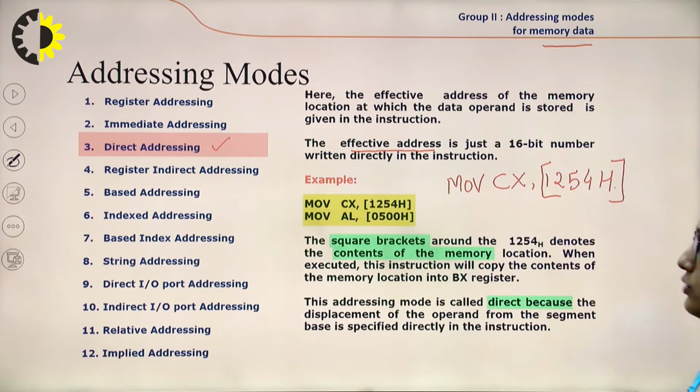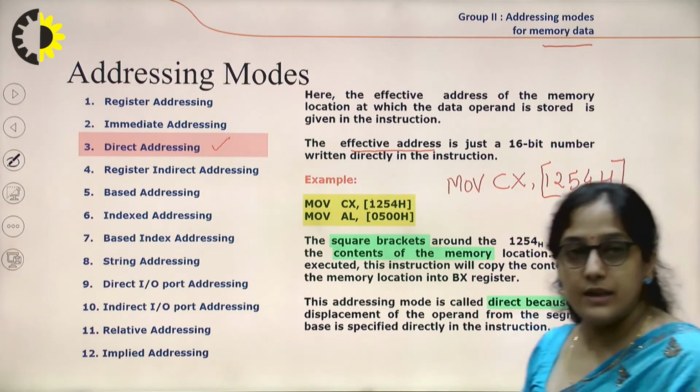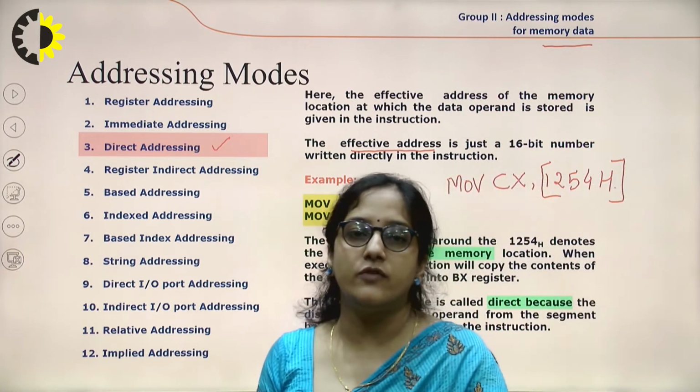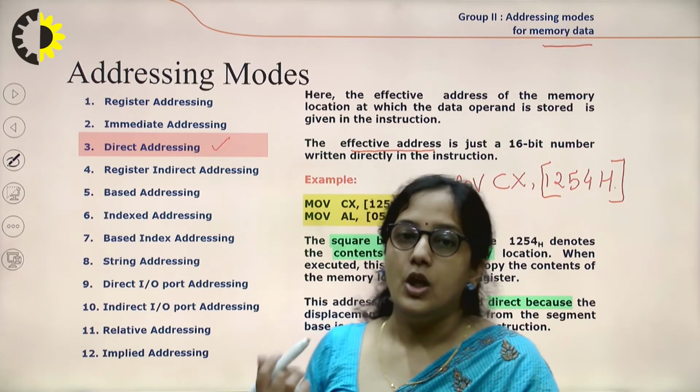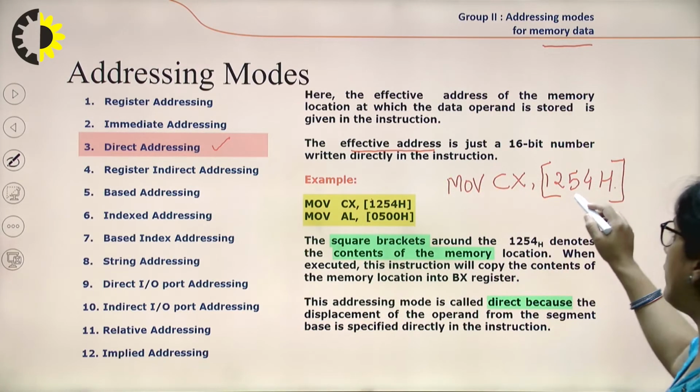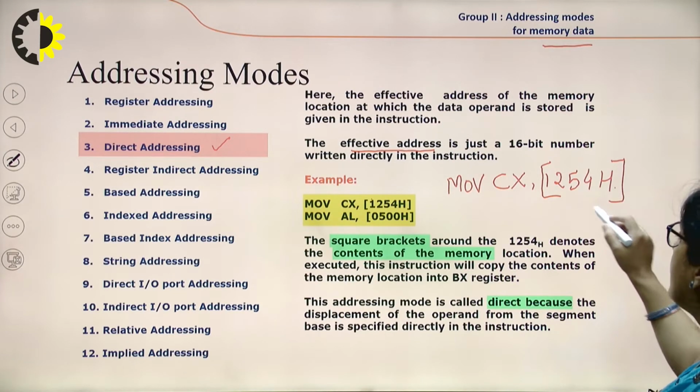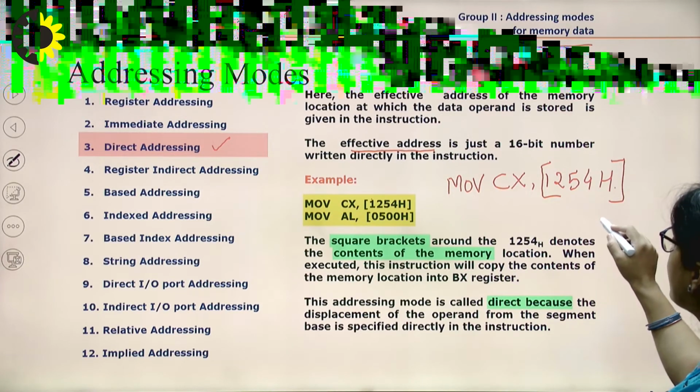Now how is it going to do that? Because CX is a 16-bit register and the memory location we are using only has 8-bit data. So the content of the 1254 location is only 8 bits.